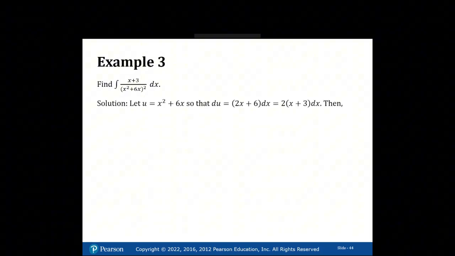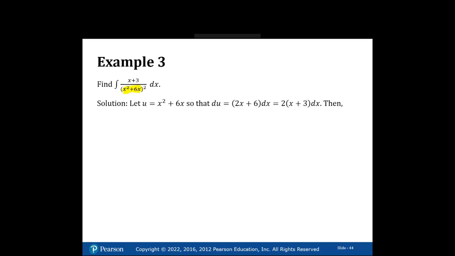So we're going to go through another one here. Repetition makes it easy. So now we have a fraction, x plus 3 on top, and x squared plus 6x to the power of 2 dx. So here we're letting that quantity inside those parentheses be my u.